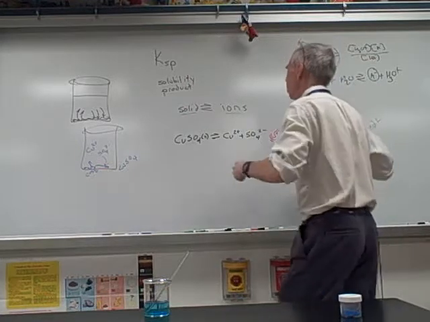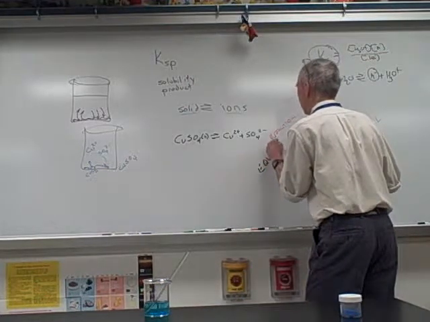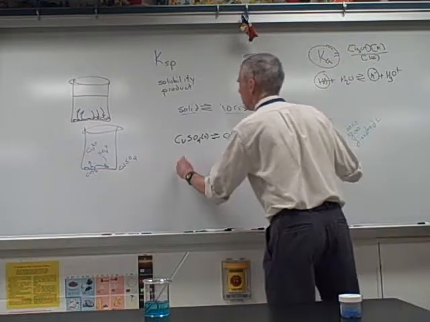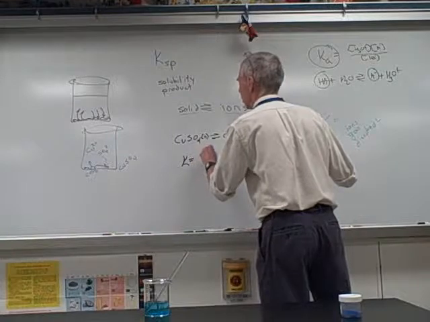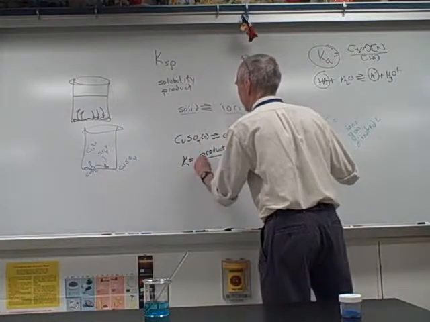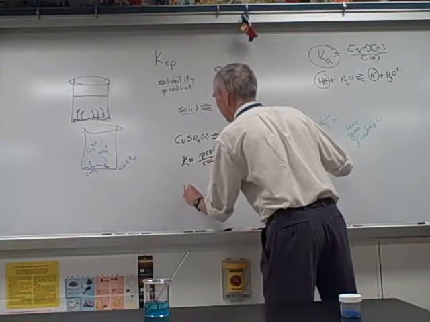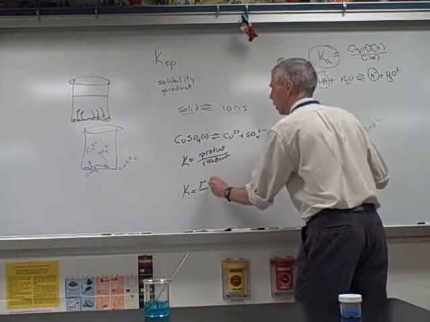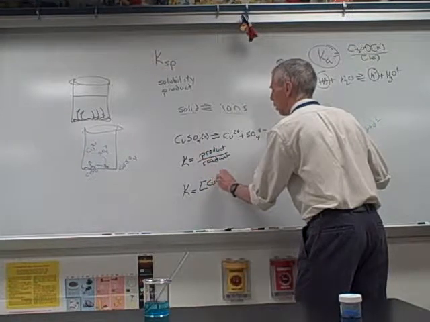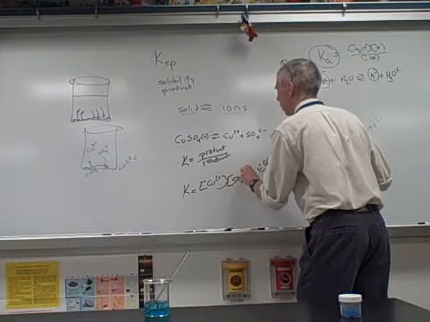All right. So the Ksp equation is going to look like what? What goes on top? What's always on top on K? Products or reactants? Products. What's on the bottom? Reactants. All right. So what's it going to look like? This K. Concentration of copper times concentration of sulfate.